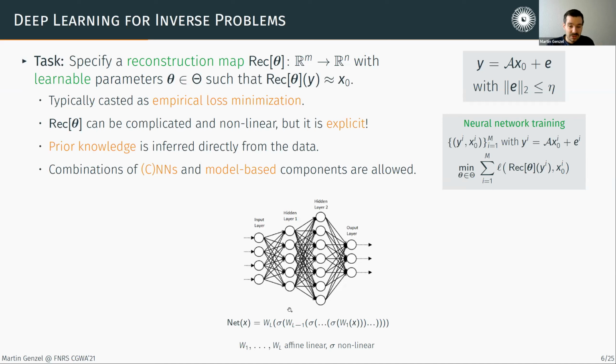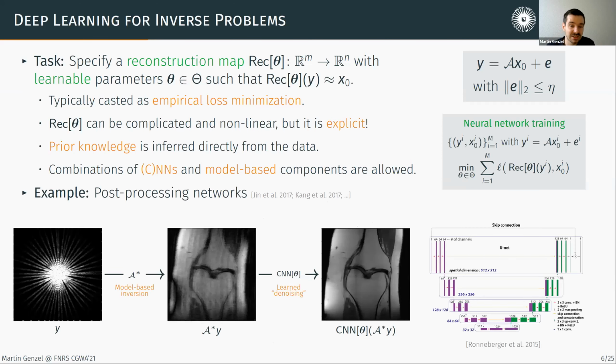Well, here you see this illustration of a neural network. So that's very schematic, but I should say that for inverse problems in practice, typically what you have is that this map rec is a combination of convolutional neural networks and some model-based components. So to make this a bit more precise, let me give you a very simple example.